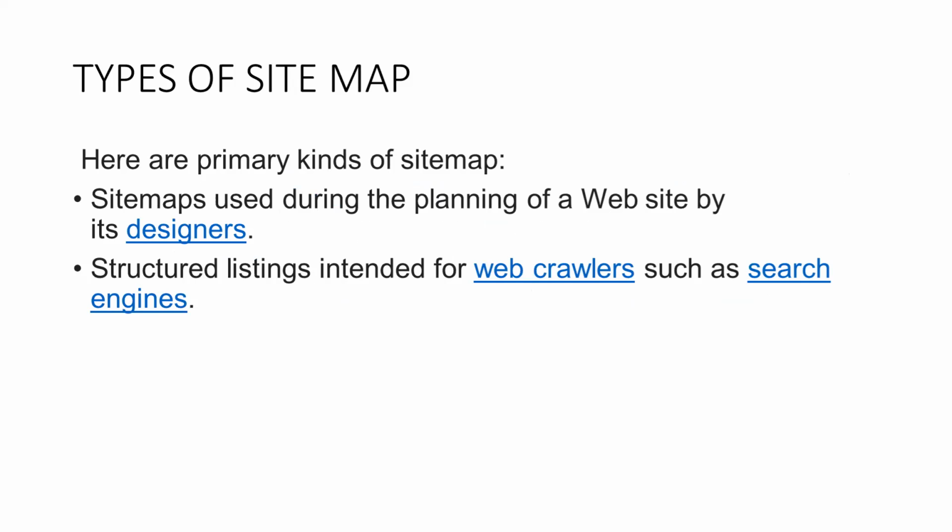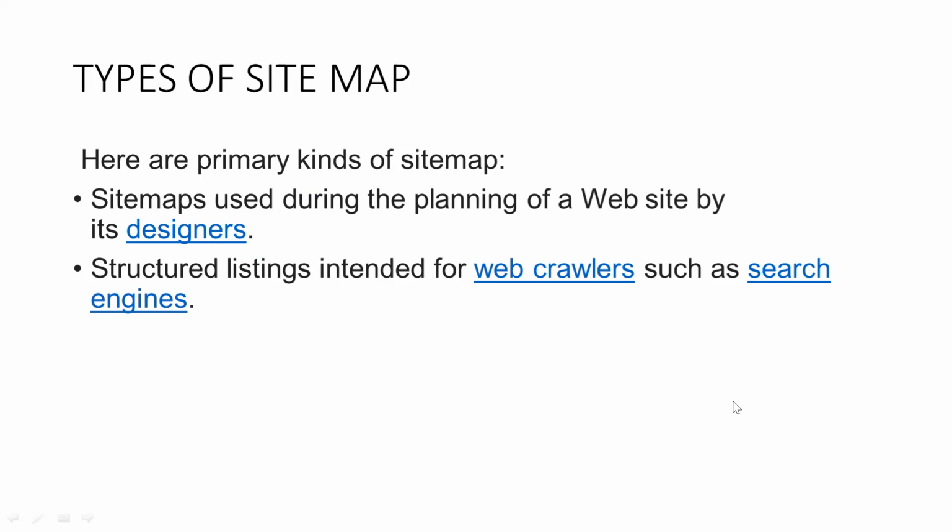As I said, there are two primary uses for sitemaps. The second thing is that it is used by web crawlers. For example, when we search something in Google, like what is astronomy, the Google web crawlers search for the astronomy part in various web pages, and list them in a hierarchical order.